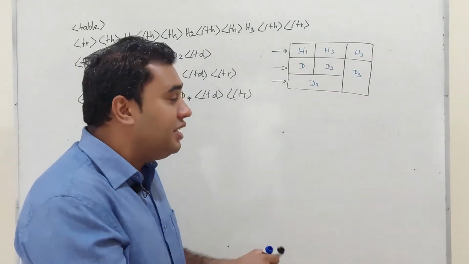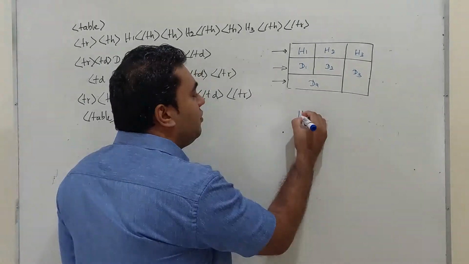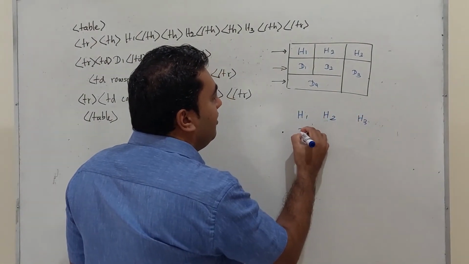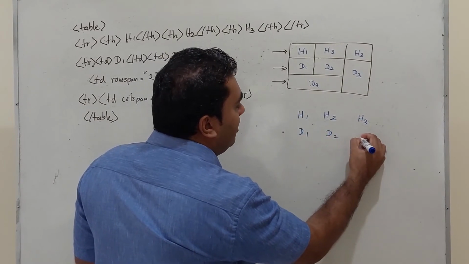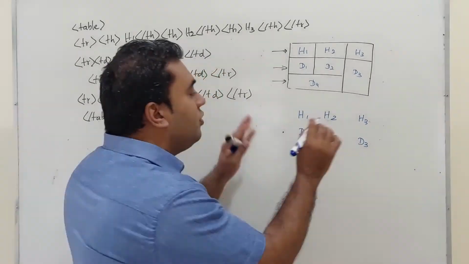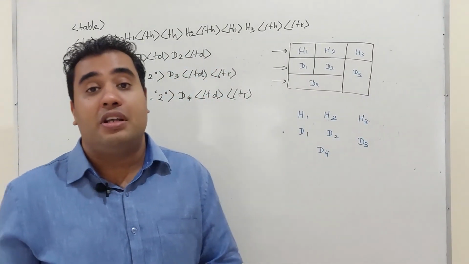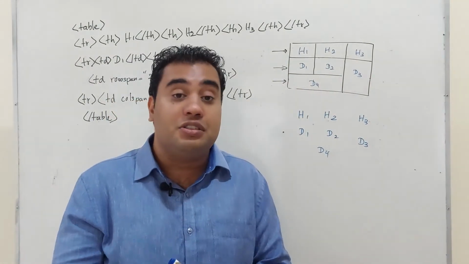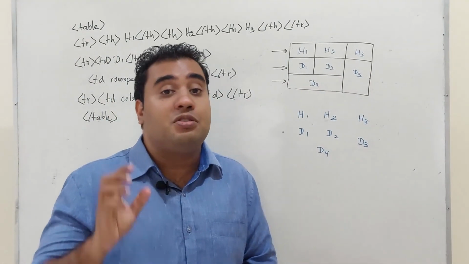You just see the data structure like this: H1, H2, H3, D1, D2 and D3, and D4. You won't see any other border. So to display the borders of the table, we have to use the border attribute in the table tag.